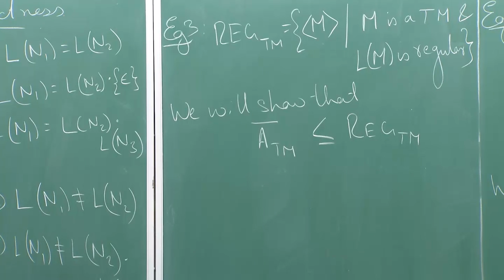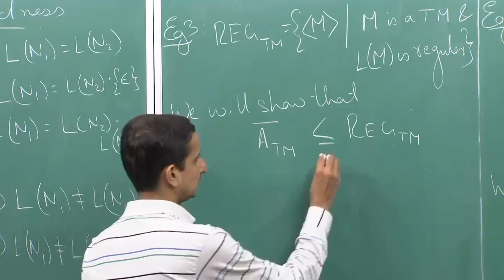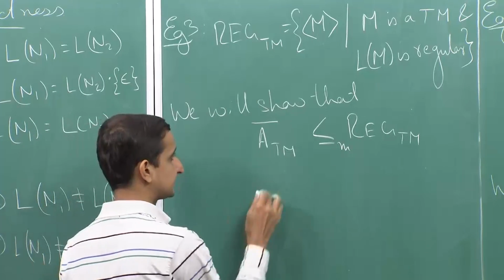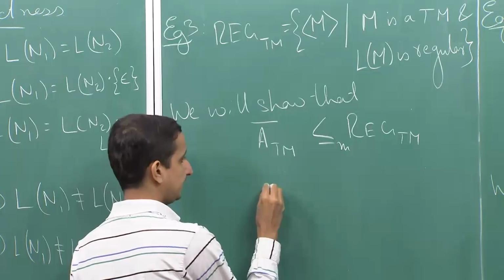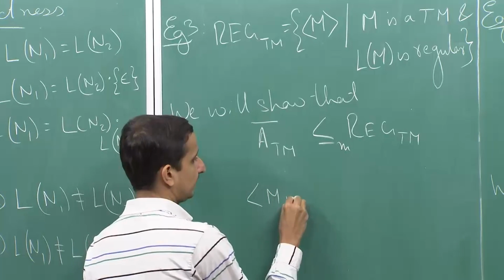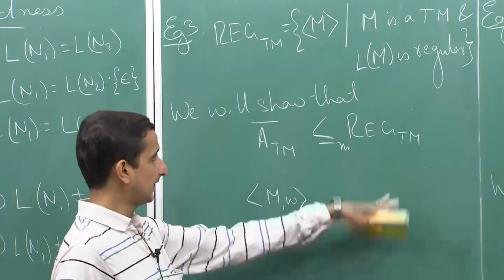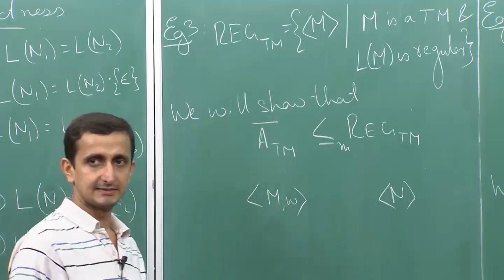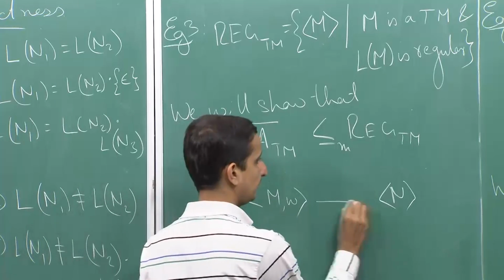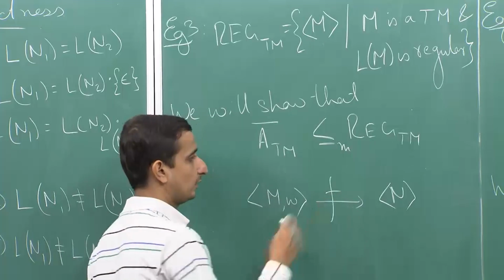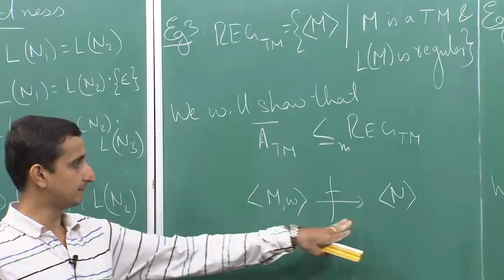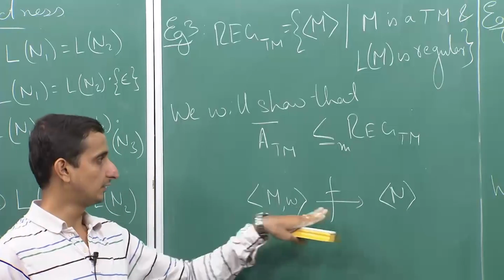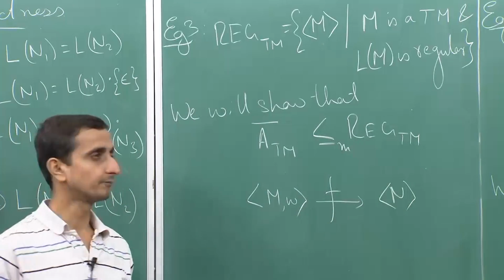So, once again we need to design a computable function f. So, what is an instance? So, an instance of ATM bar will be a pair M comma w, and an instance of RegTM is a single machine, let us say N. Okay. So, given M comma w, I want to map it to a machine N such that if M does not accept w, then this guy is regular, and if M accepts w, then this guy is not regular.